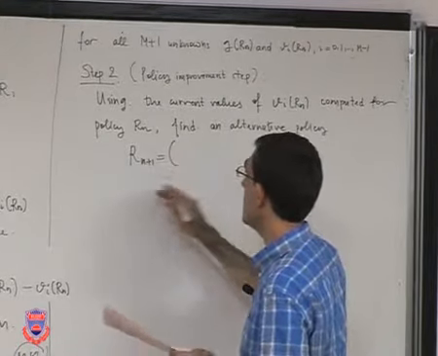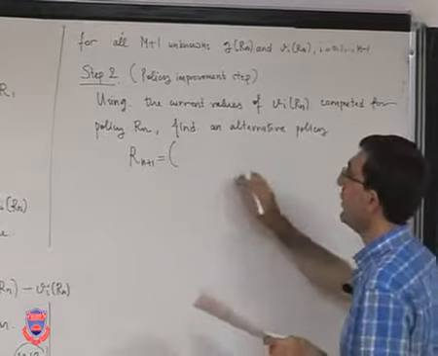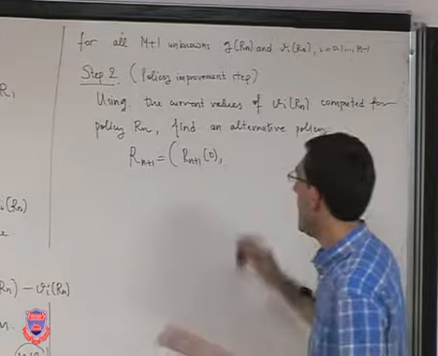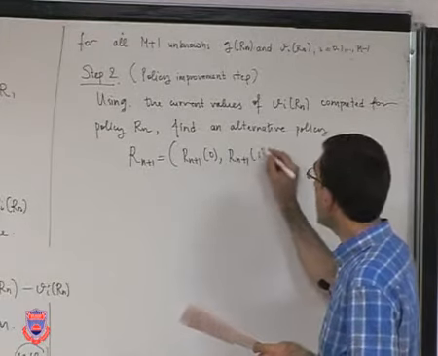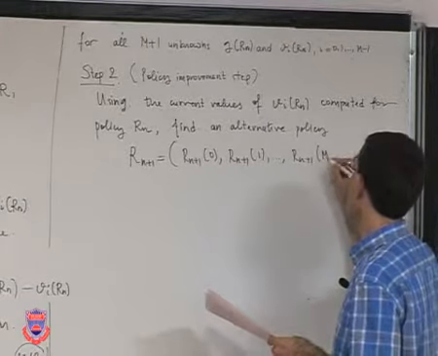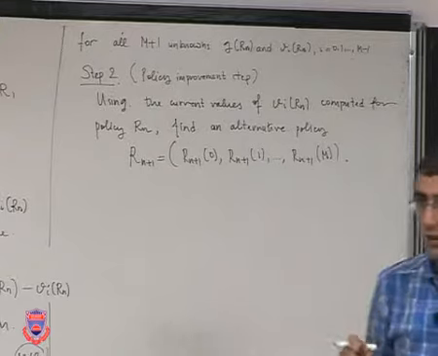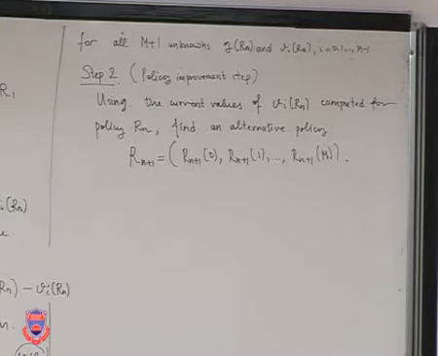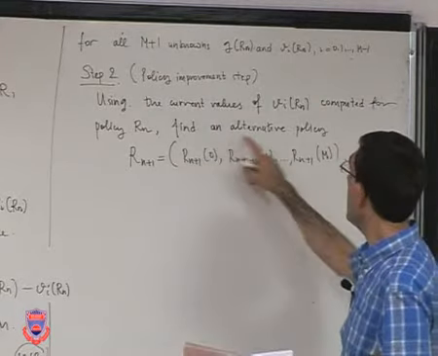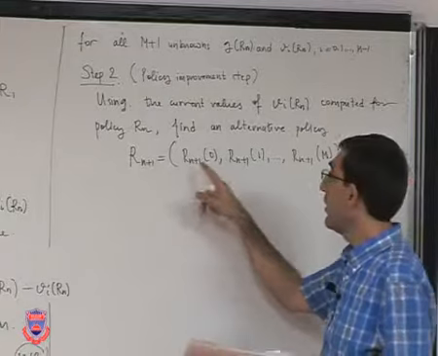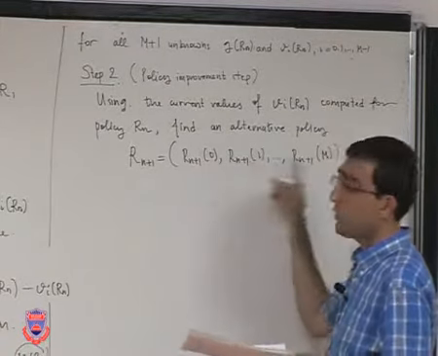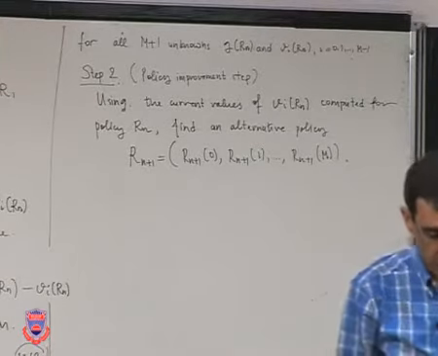Since we want it to also be a stationary deterministic policy, at every state it is going to prescribe what the new action is that we have to take in each of these m plus 1 states under this new policy. So when we are asked to find an alternative policy Rn plus 1, we have to specify one action that we think we should take in each of these states.